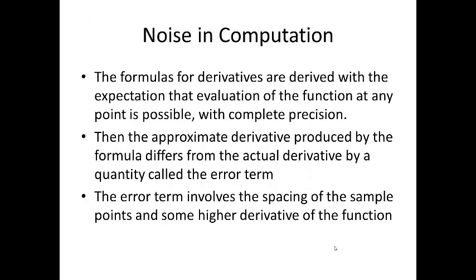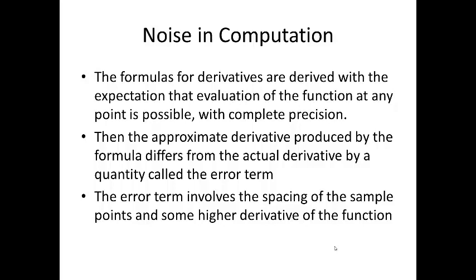An interesting question is how noise in the evaluation of f of x affects computations of derivatives when using the standard formula. The formulas for derivatives are derived with the expectation that the evaluation of the function at any point is possible with complete precision. That's a pretty big assumption sometimes, but usually for the functions we'll work with, they'll behave nicely, and so that's good.